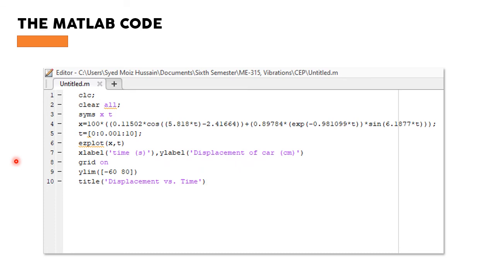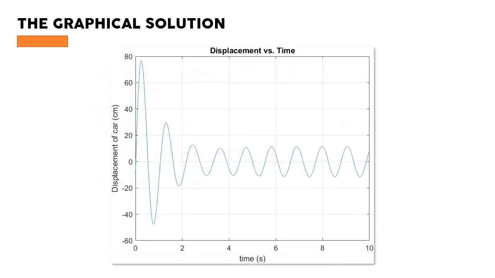So moving on, I have plotted this equation in MATLAB, as you can see here, and obtained a graph of the solution. You can see the relevant code here. It's just a simple code for plotting the function. This represents the displacement of the car.